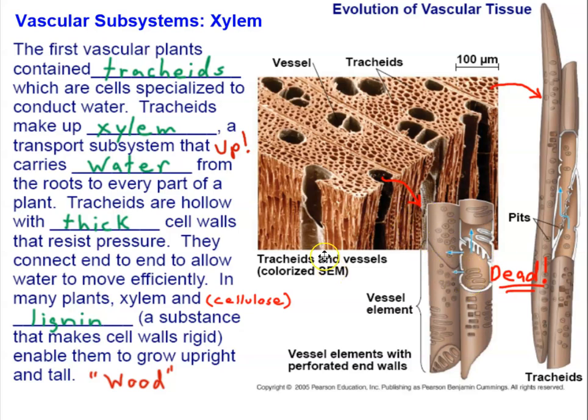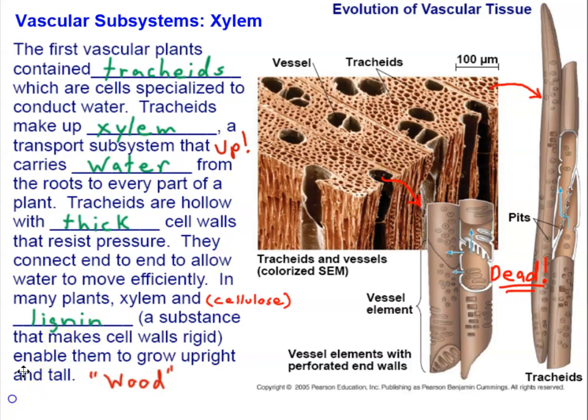And the other thing to point out is what xylem transports. Xylem specifically transports water up from the roots through the stems and into the leaves. And it's mainly water, but there are minerals dissolved in that water. The water is coming from the soil, and there are minerals dissolved in the water in the soil.